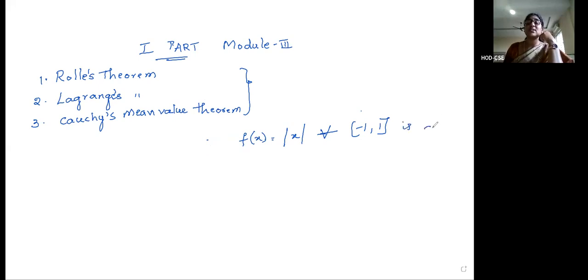Why is it continuous? Because between each and every point from minus 1 to 1, the function f of x is equal to mod x gives fixed values that we can plot on the graph. So it is always continuous.